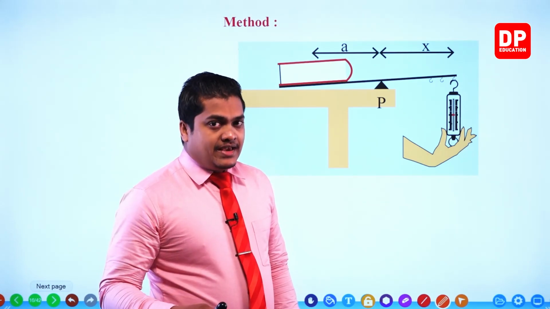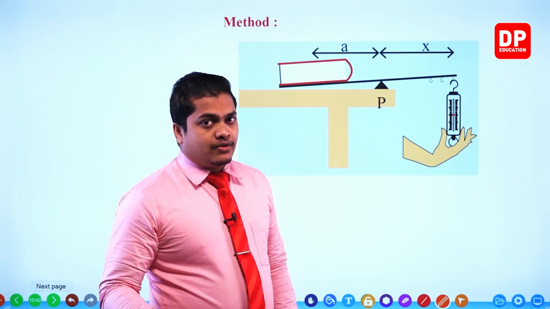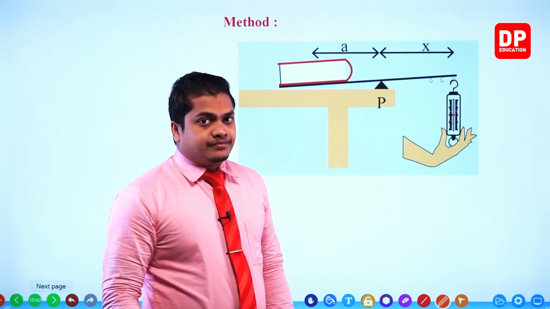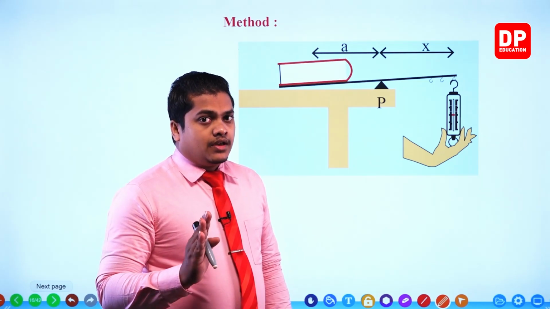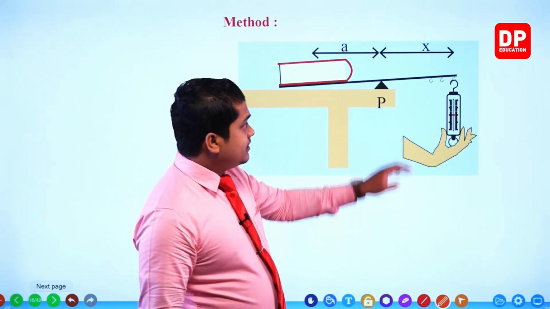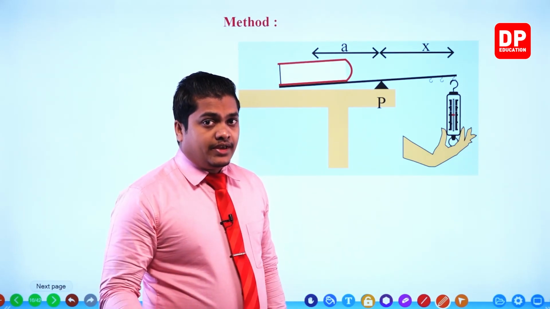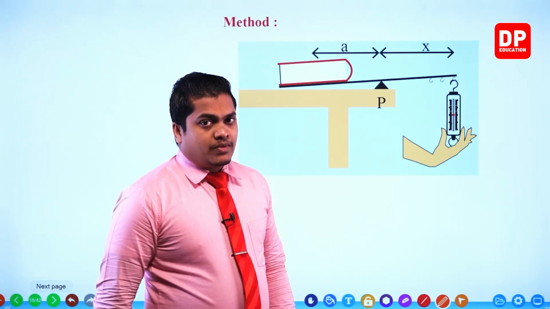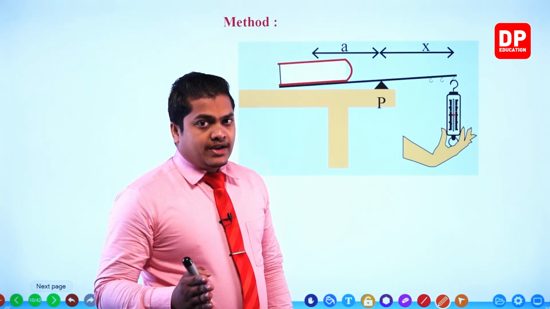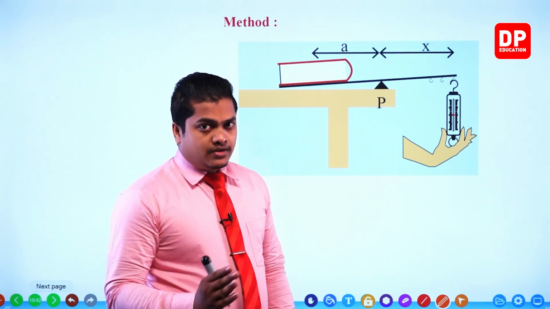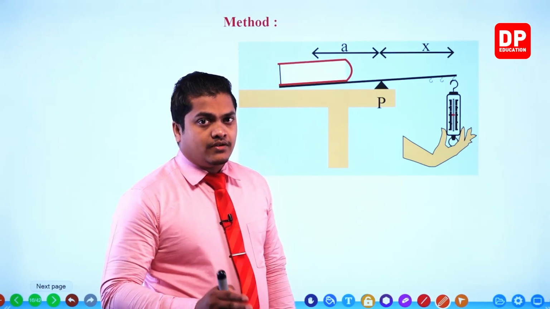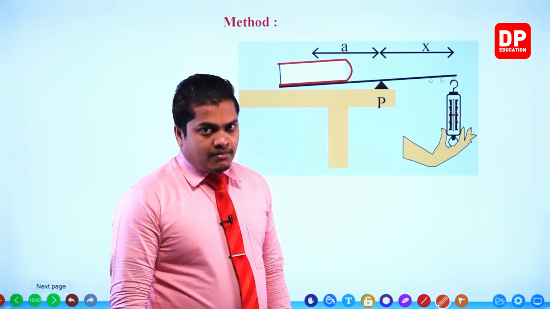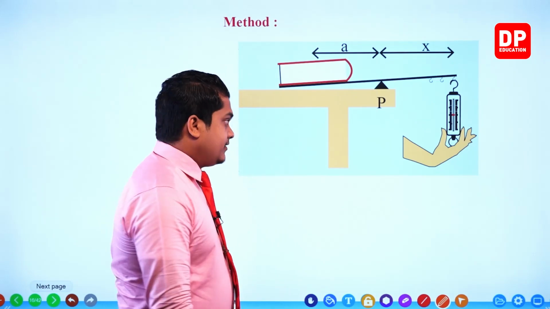Then when you're taking the readings, which we need to apply to lift the book, you have to reduce the x distance and then increase the x distance up to a certain level. So by changing the distance, you need to get at least three sets of readings using the spring balance.